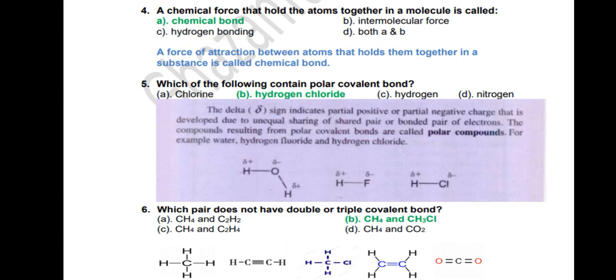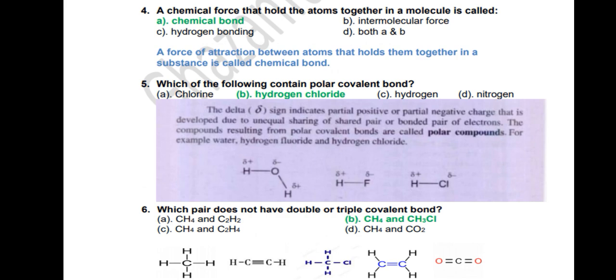Which pair does not have double or triple covalent bond? First of all, methane CH4, that is non-polar. C2H2, ethine. So definitely ethine has triple covalent bond, but when we are talking about the pair which does not have a triple covalent bond, so in option A, ethine has triple covalent bond.